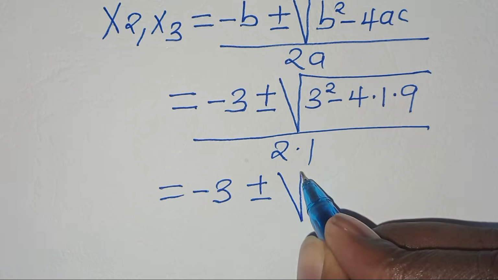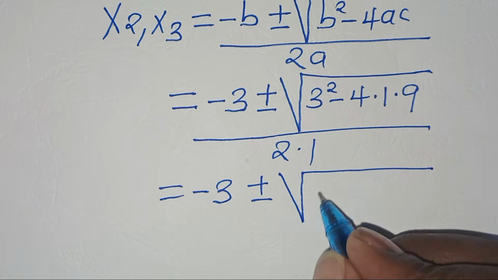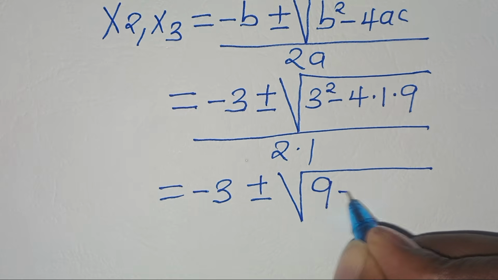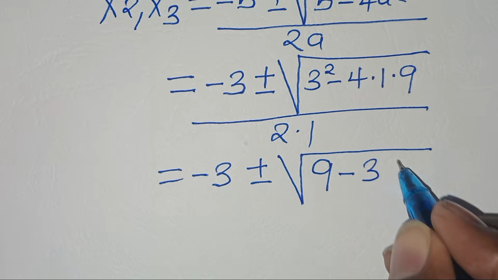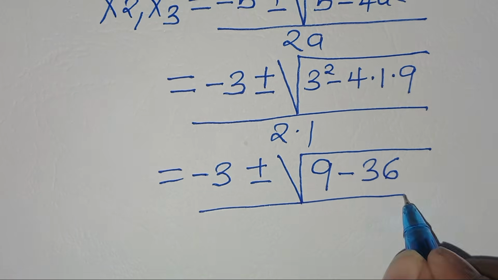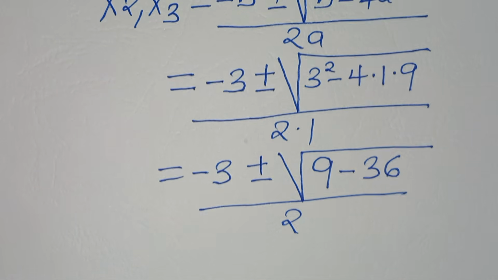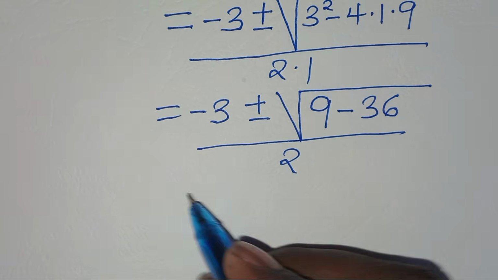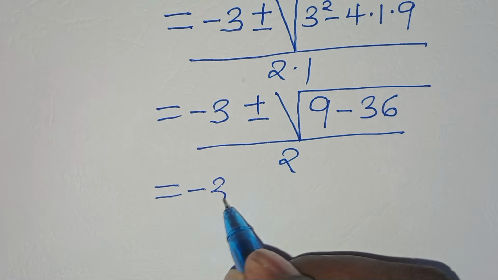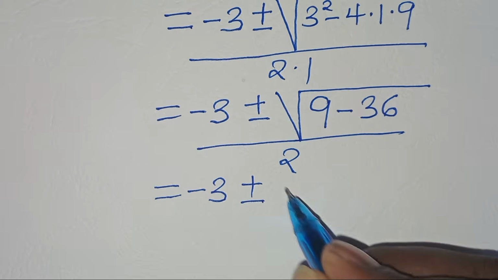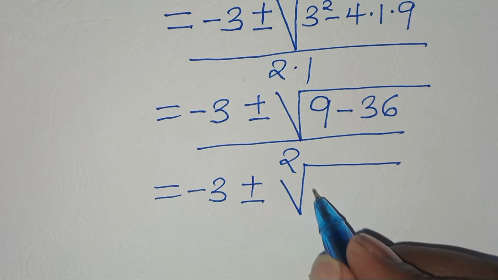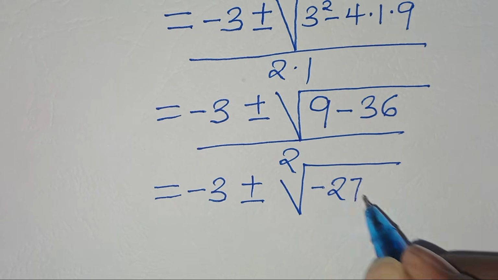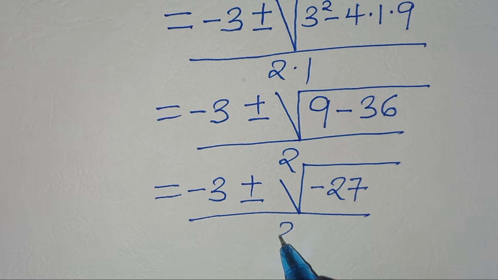So this implies that we have negative 3 plus or minus the square root of 3 squared, which is 9, minus 4 times 9, which is 36, then divided by 2. So we have negative 3 plus or minus the square root of 9 minus 36, which is negative 27, divided by 2.